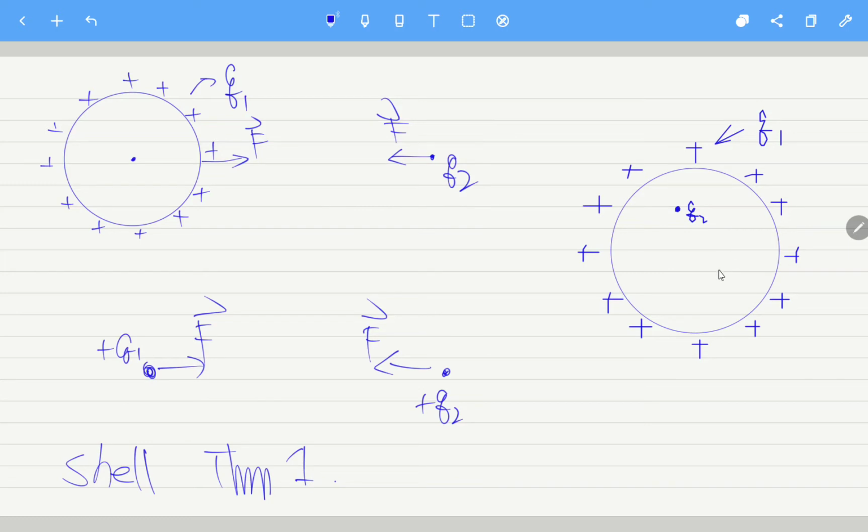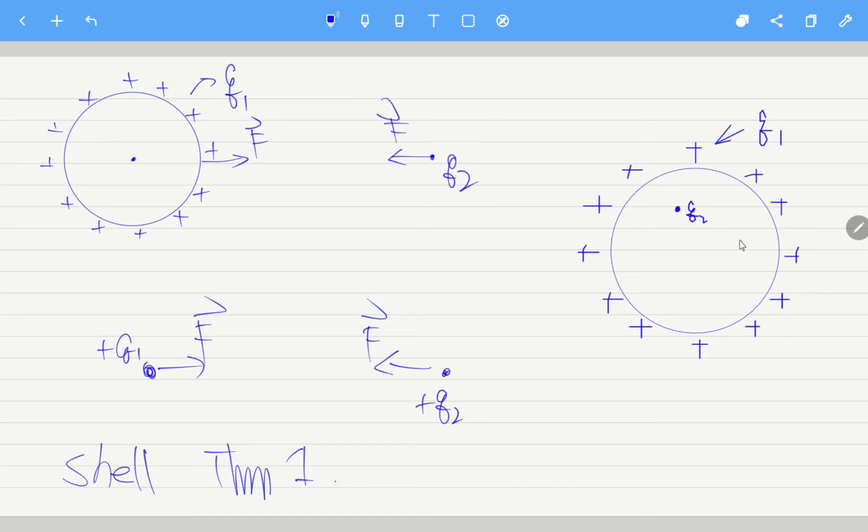It will feel strange. If it is at the center, it's clear that all the forces will cancel each other. But even though this charge is not at the center, as long as it is inside the sphere, all the forces will cancel each other.